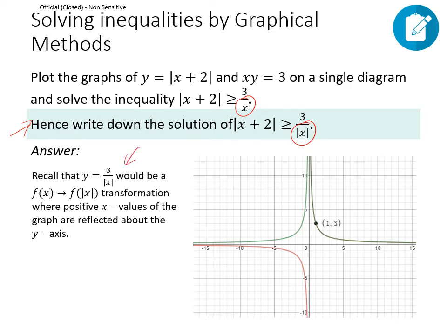So we put a little note here that we recall a transformation that we had learned before, that if you do a modulus x transformation, what happens is we are taking this portion, this portion of the graph and doing a reflection about the x-axis. So there's a reflection.